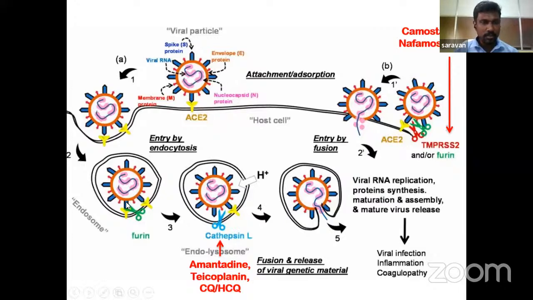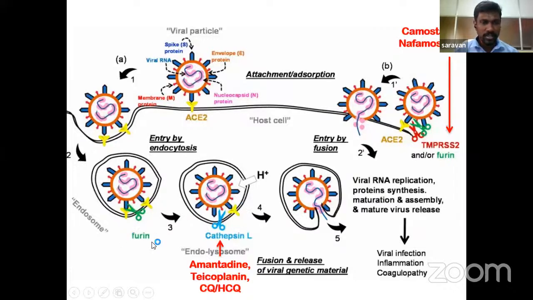The spike protein contains two subunits, S1 and S2. The S1 subunit helps in the binding of the spike protein to the human ACE2 receptors. The S2 subunit helps in binding of the coronavirus to the endosomal membrane.